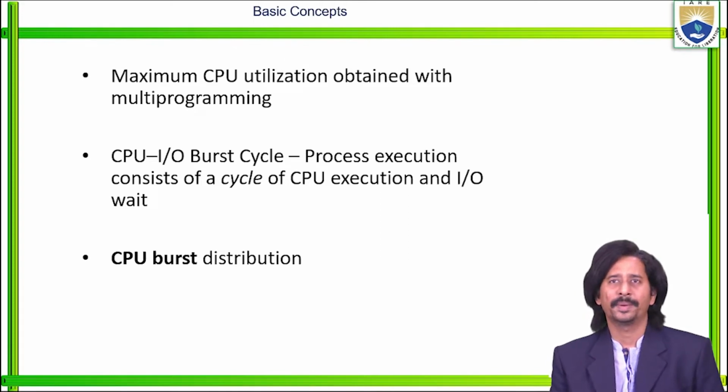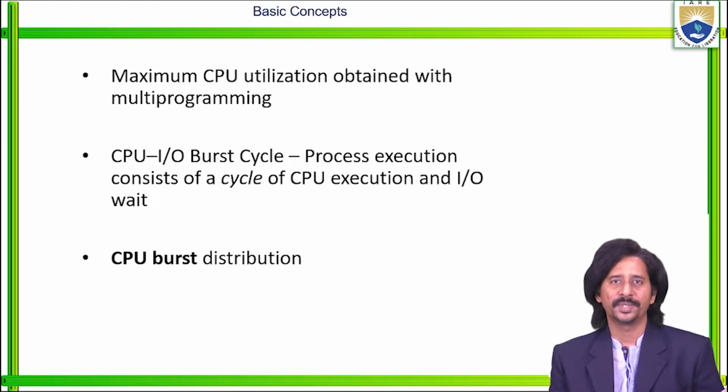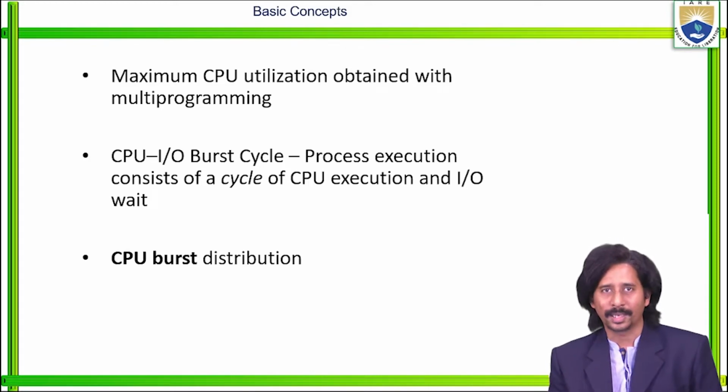Always, in an operating system, we need to increase the throughput, right? Throughput means the number of jobs executed per unit time. So how do we increase the throughput? Here we need to maximize the processor utilization, which is only possible with multi-programming.